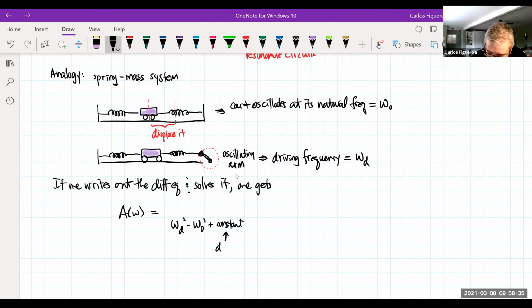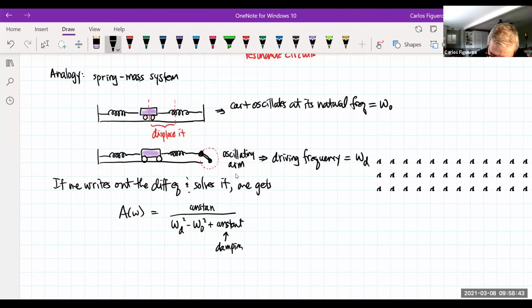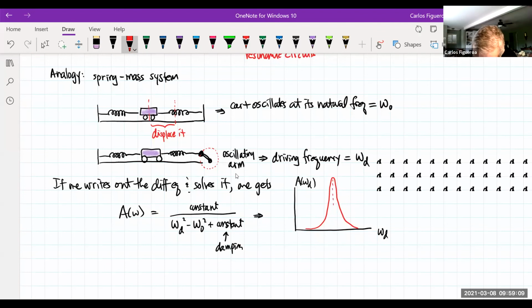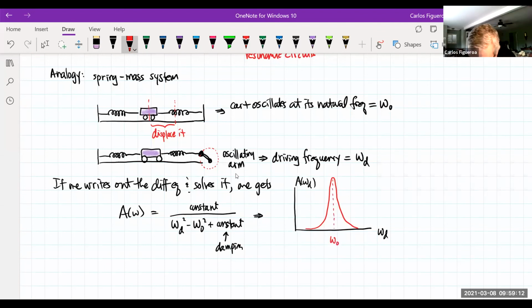This constant is really associated with damping in the system. Now, there's another constant up here, but we don't care about that constant. And if you were to plot the driving frequency versus the amplitude, you would see that this thing actually resonates at omega naught.